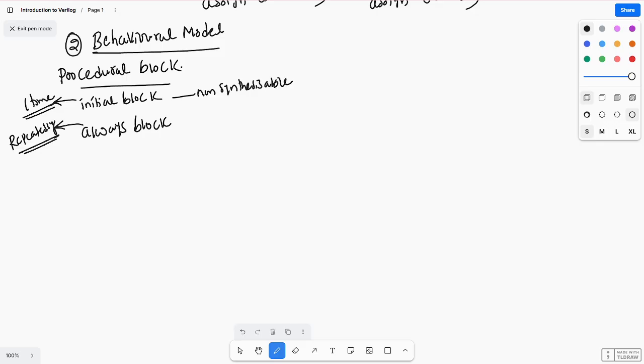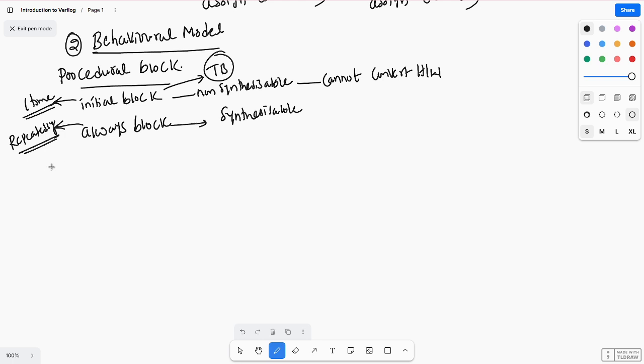By using initial, we cannot convert into hardware. Then where are we using the initial block? We are using it in the test benches. So always is synthesizable.